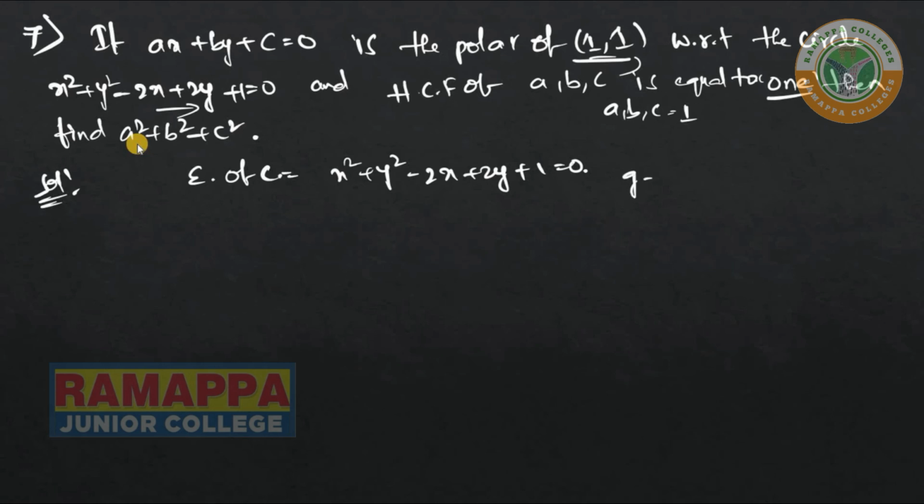From this we will get g value is minus 1 and f value is equal to 1 here, okay. So this line with respect to 1 comma 1, we have to substitute the values in this one, S11 is equal to S1 is equal to 0.